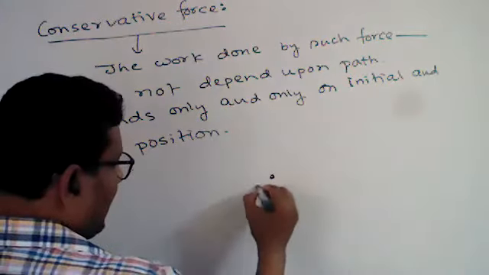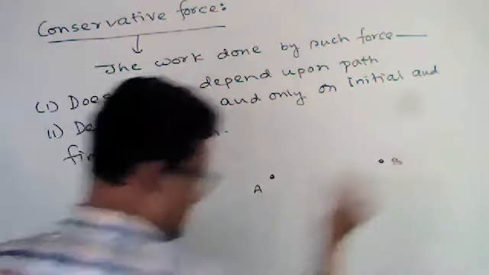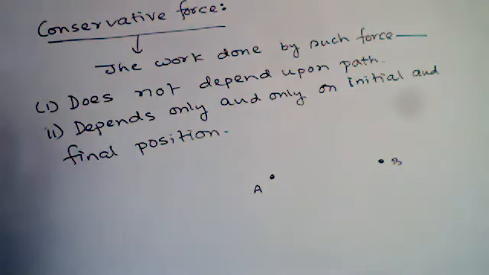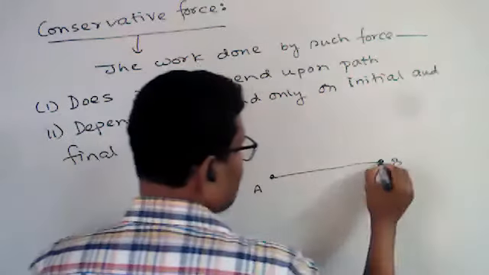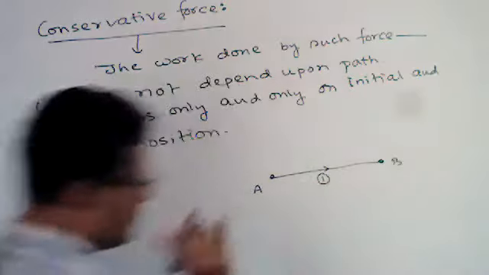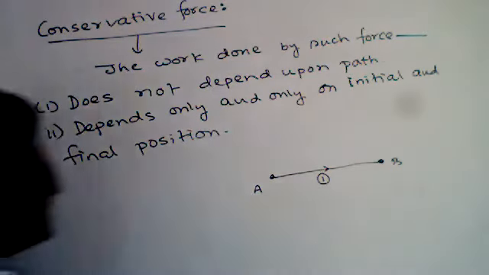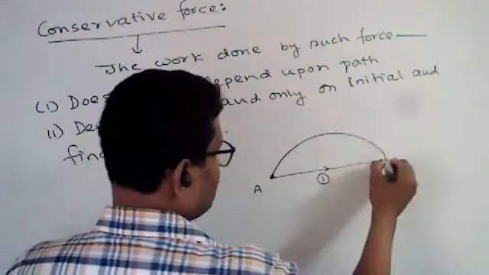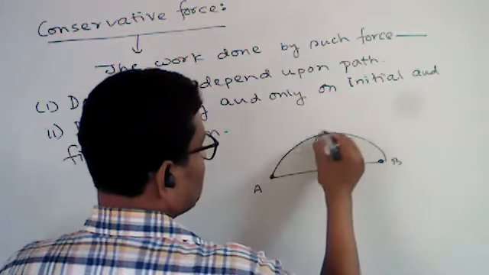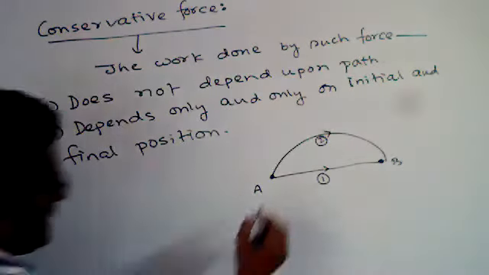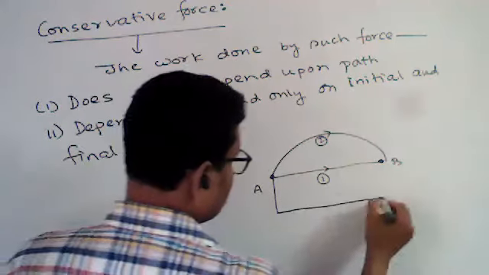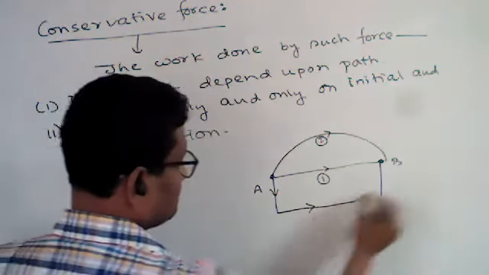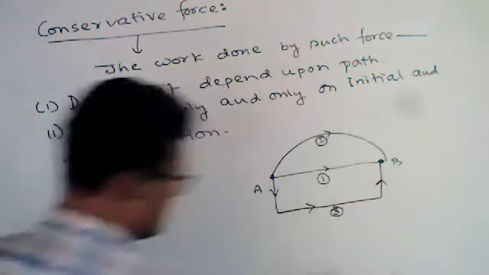Suppose A and B are two points. You can go through this line. This is path number 1. You can go by this path. This is path number 2. You can go in this way. So this is path number 3.